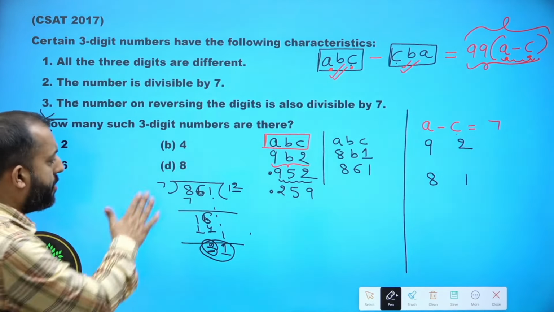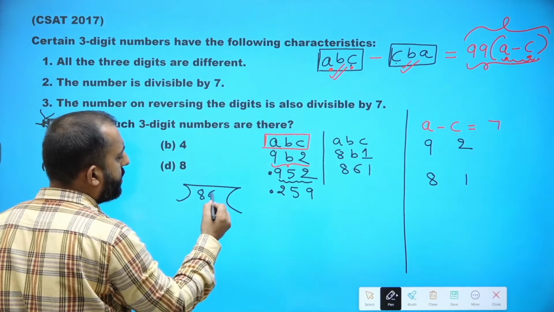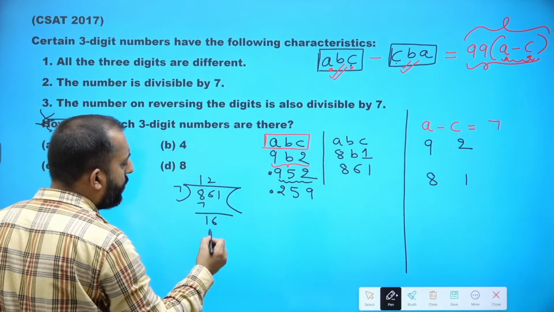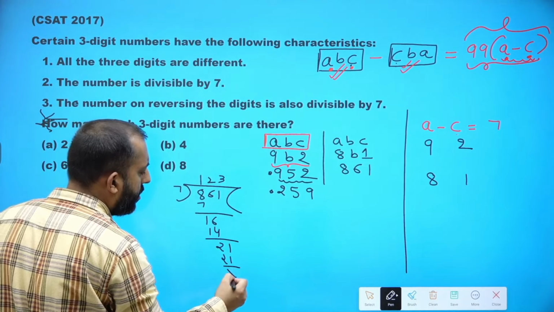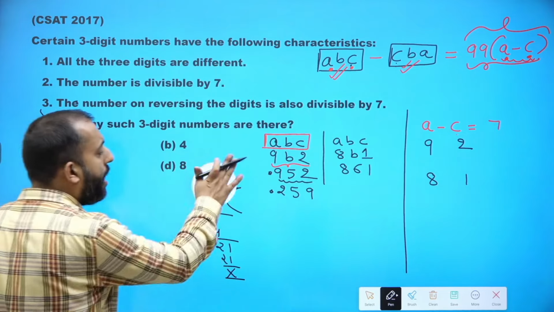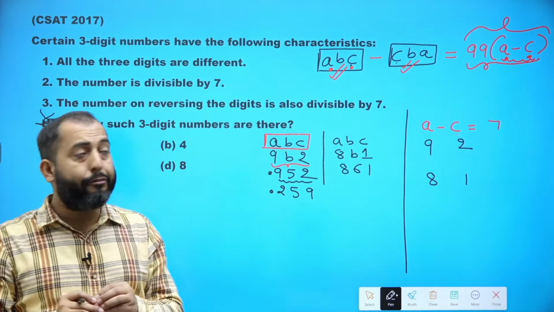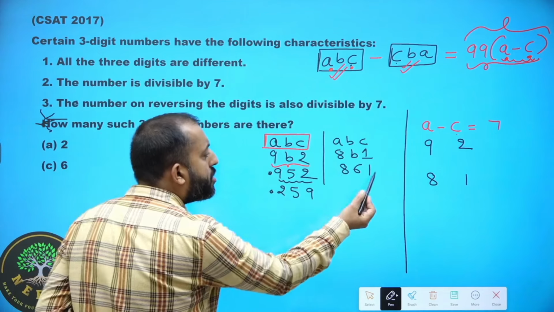You can cross check. See, 861. 7 ones are 7, 16. 7 2s are 14, 21. 7 3s are 21. Now, since we have created this number by following all the given conditions, if we do the reverse, what is reverse of 861?